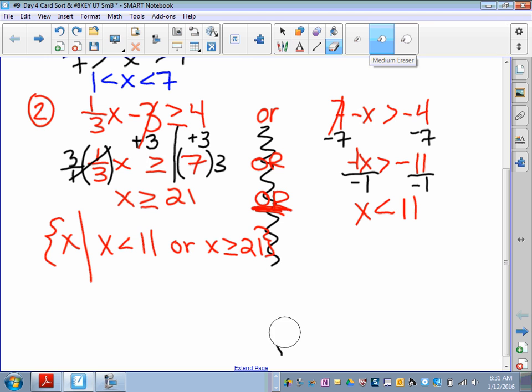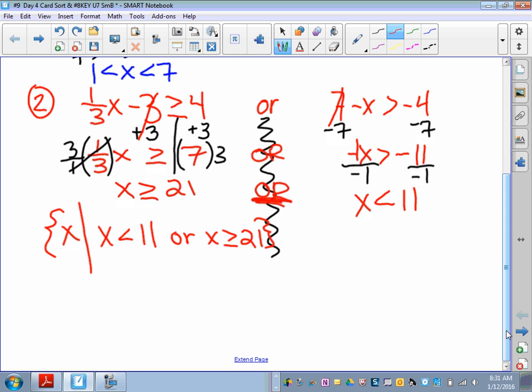And you guys did actually pretty well with this problem. Okay, and now let's go and graph it. What type of circle do I want on my 11?